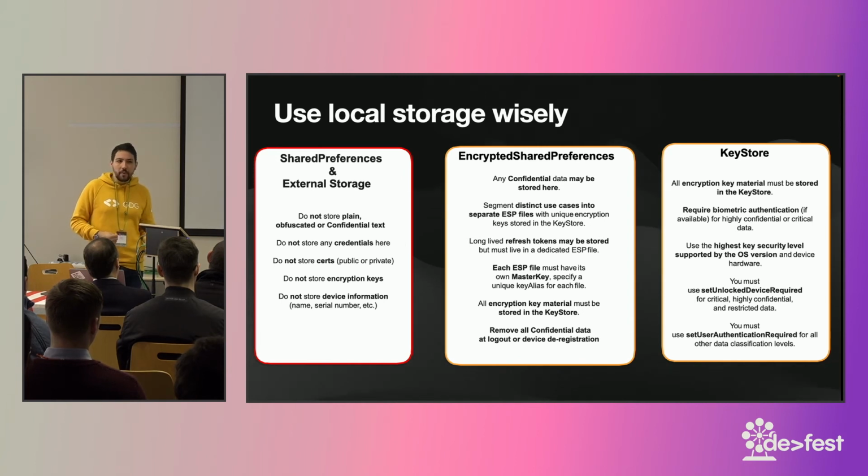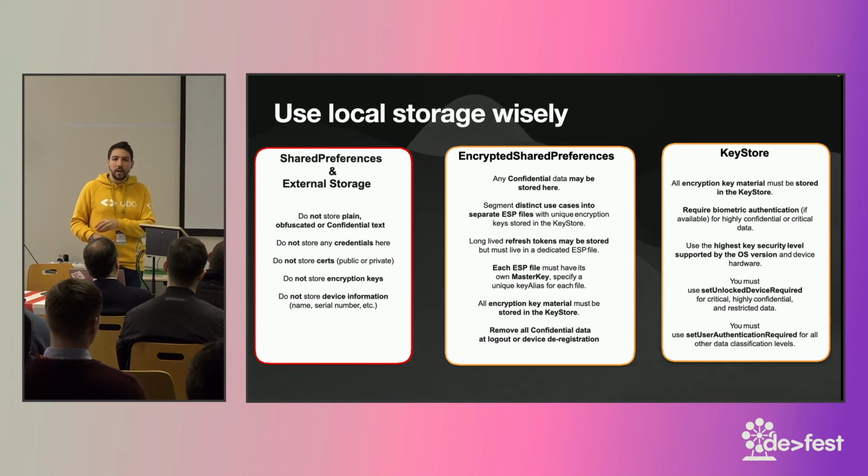In encrypted shared preferences, as I told you, there is a specific ESP file, and we should not be using just a single ESP file for all of your projects. We should be using different ESP files based on each use case. So, for example, one ESP file for settings, one ESP file for, I don't know, some passwords, a different ESP file for addresses or whatever.